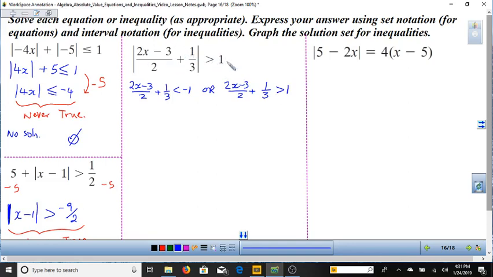Now, we're going to solve this inequality. We can simplify it by just multiplying both sides by the common denominator, which is 6. So we're going to multiply both sides of the inequality by 6. Since we're not multiplying by a variable, we don't have a problem here. So when we multiply by 6, we end up with 3 times 2x minus 3 plus 2 is less than -6 on one side.